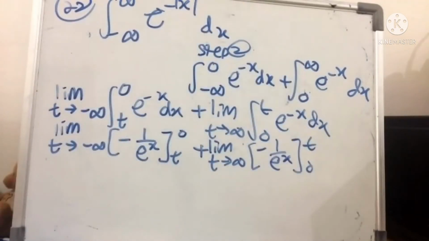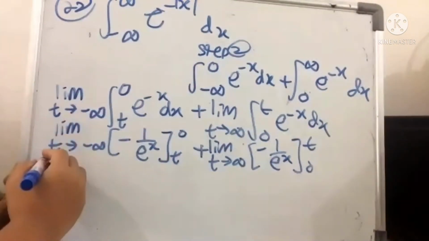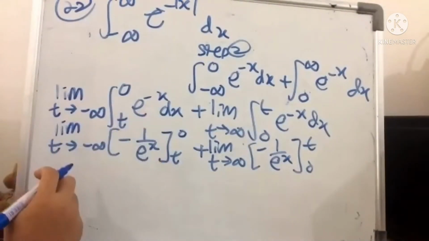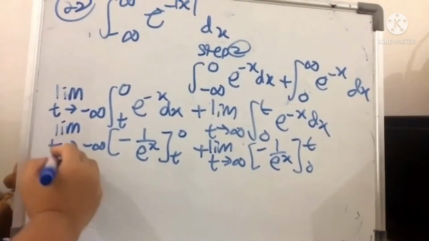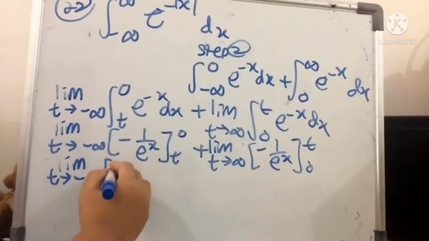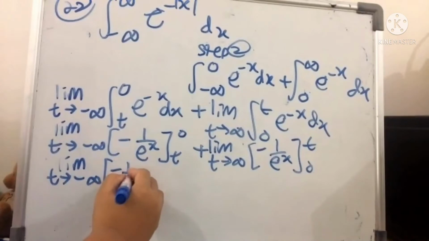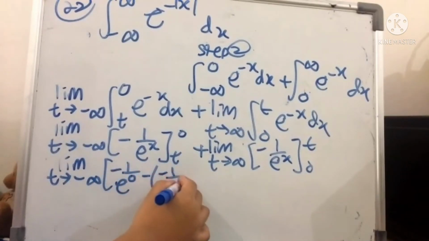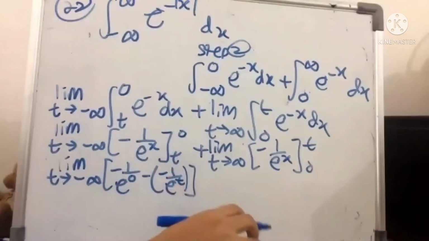Okay, so now you have to substitute the value. For the limit t approaching negative infinity, negative 1 over e to the power of 0 minus negative 1 over e to the power of t.